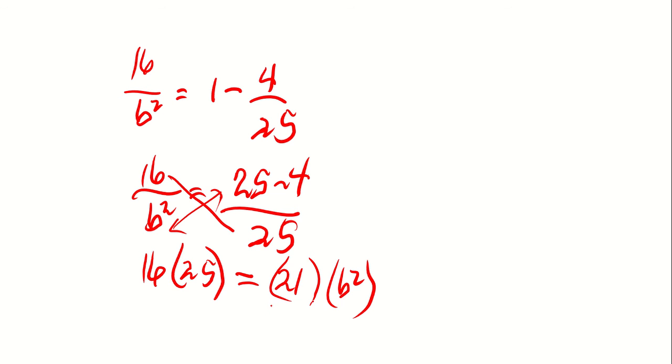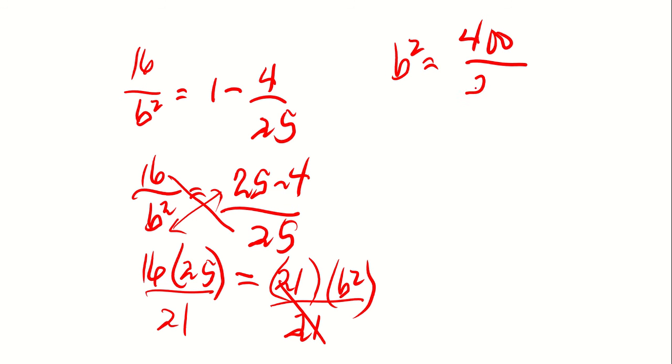And you have divide 21, this one is 7 times 3. So, divide 21 tayo both sides. We have cancelled, and you have b squared is equals to 16 times 25, which is equal to, I think, 1,000. 1,000 ba ang ating 16 times 25? 16 times 25, that is 400, sorry. That is equal to 400, and that is over 21.